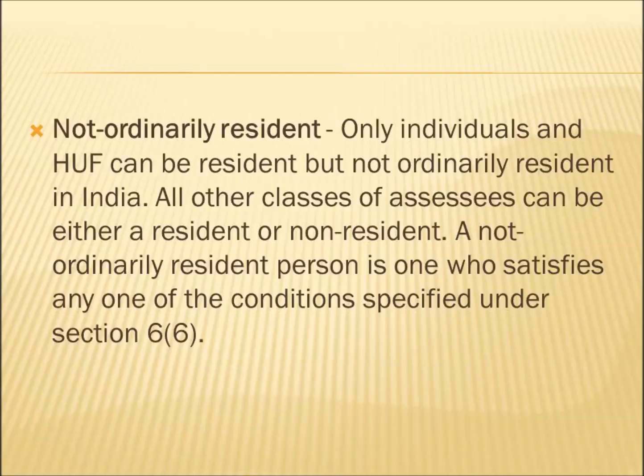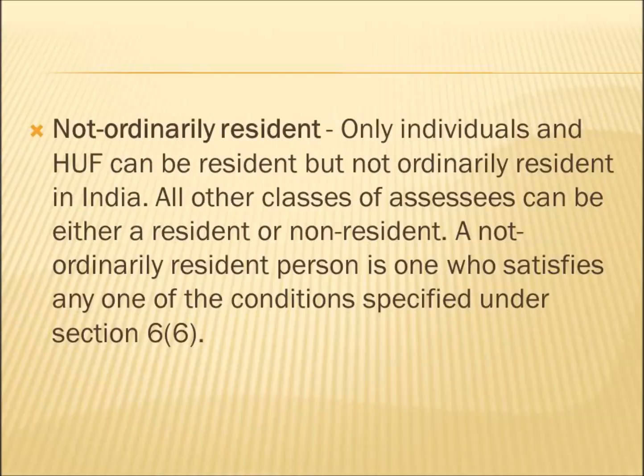There are 3 types of residential status: resident and ordinarily resident, resident and not ordinarily resident, and non-resident. Once we have classified an assessee as a resident, we further need to classify whether that assessee is resident and ordinarily resident or resident and not ordinarily resident.